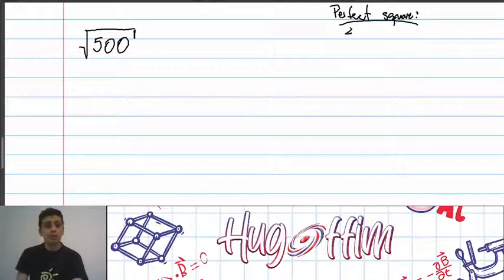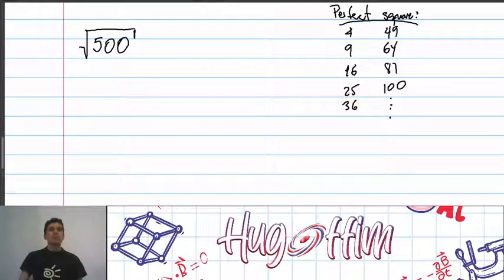So for example, 4, 9, 16, 25, 36, 49, 64, 81, 100, and so on. Those are perfect squares because the root is going to be an integer.